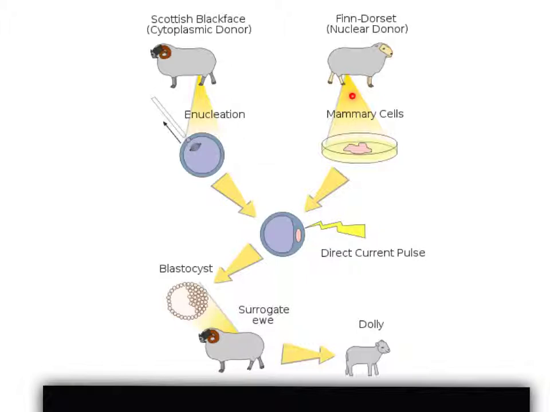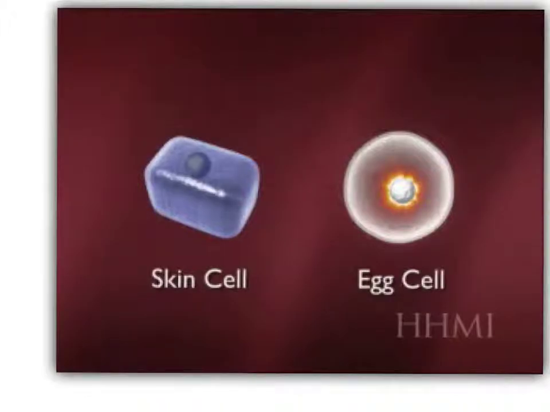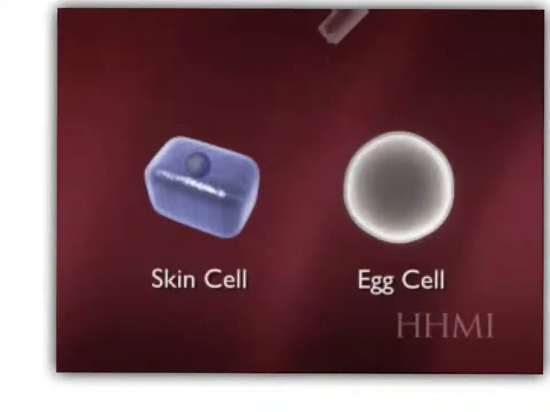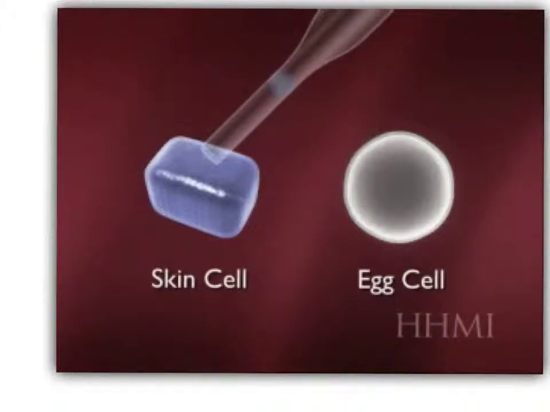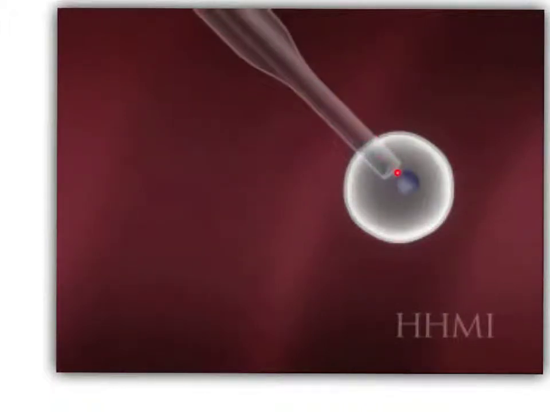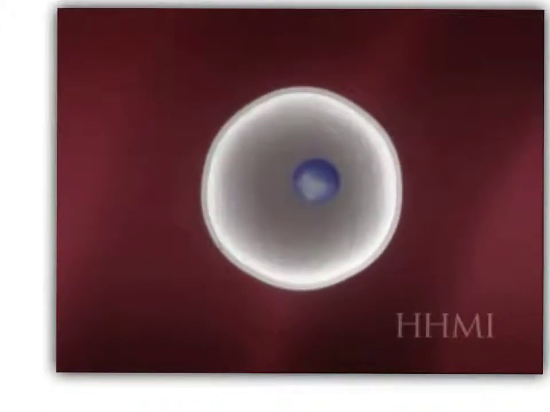A nice little animation of that happening below. It's very simple, which you can watch. So here is our anucleation. We take the nucleus out of our egg cell. That's the nucleus, so this is an anucleated egg cell. We then take the nucleus out of our somatic cell, which is just a skin cell, and put that nucleus into the egg cell.